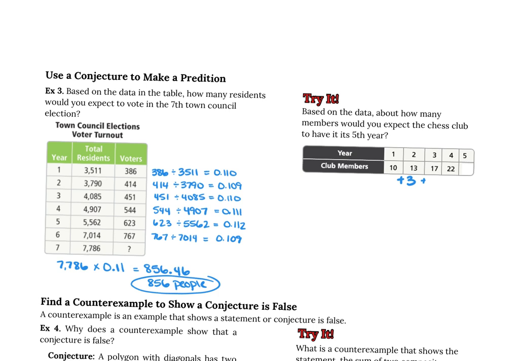And then 3rd year to 4th year, we added 5. So for our 5th year, I would estimate that we are going to add 6 people if we continue that pattern of adding 1 each year. So if we increased by 6 from the 22 members, we would end up with 28 members in the 5th year.